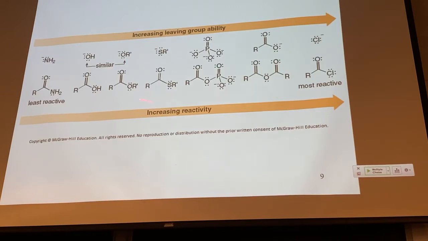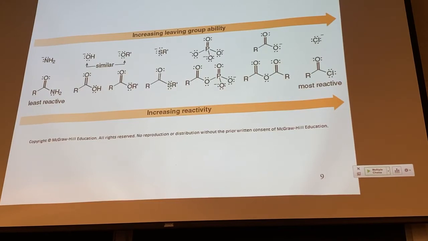So we could add any of these other species as nucleophiles and obtain any of the other types of carboxylic acid derivatives. Conversely, if we have an amide, we've got our worst leaving group, and we're not going to be able to convert the amide into these more reactive carboxylic acid derivatives because the nucleophile would just depart from that tetrahedral intermediate. Okay?